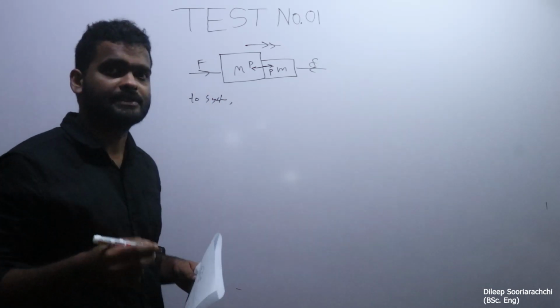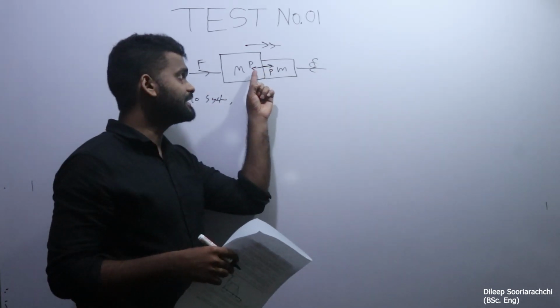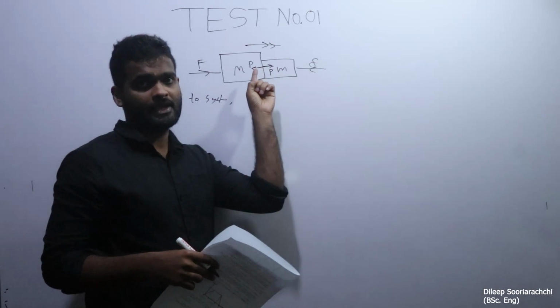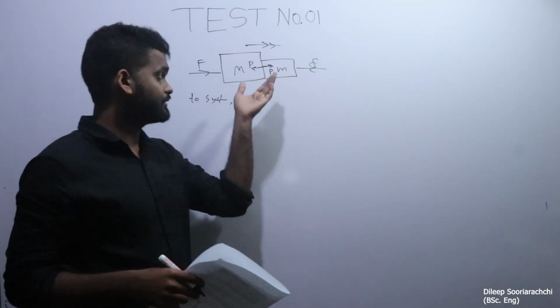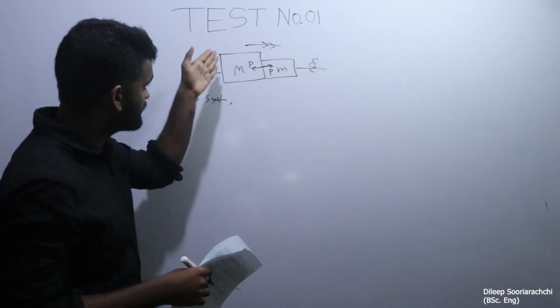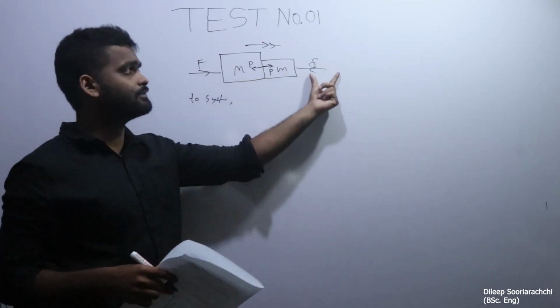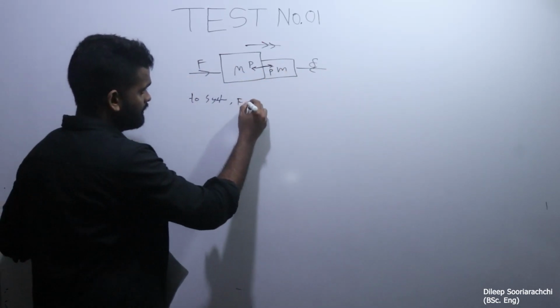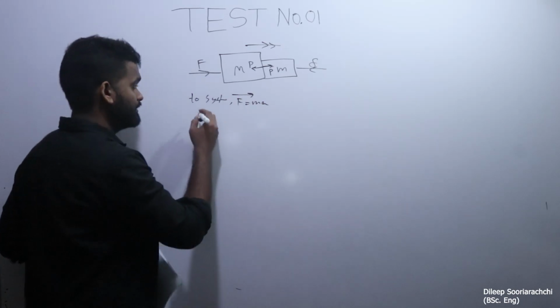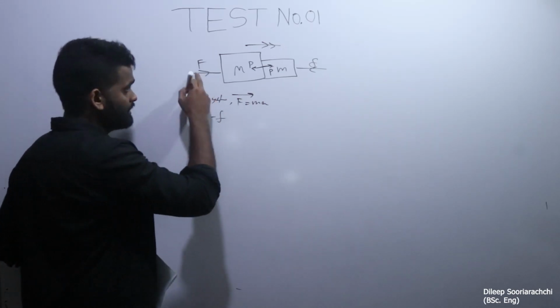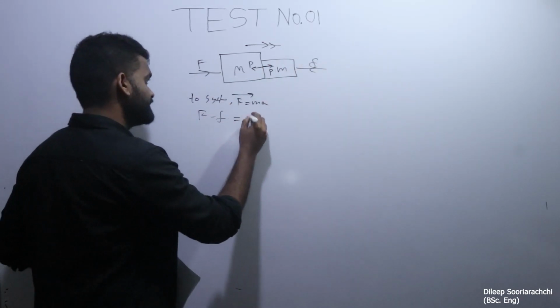So when we consider the system, these become internal forces. Those cancel off, right? So when you think of the whole system, the external forces are F and simple f. This side, F minus simple f equals ma.